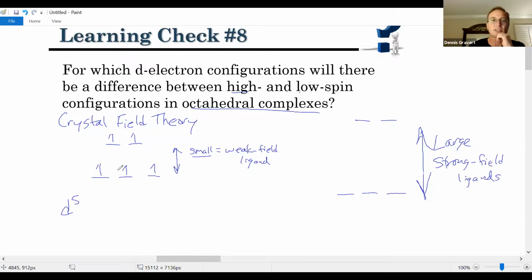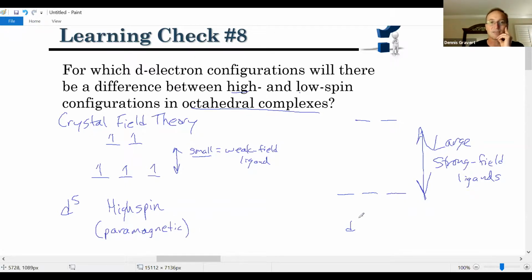Electrons repel electrons. You spread them out. So do we have a lot of spin here? Do we have a little bit? This turns out to be high spin. Is it paramagnetic or diamagnetic? Well, this one's paramagnetic. There's at least one unpaired electron.